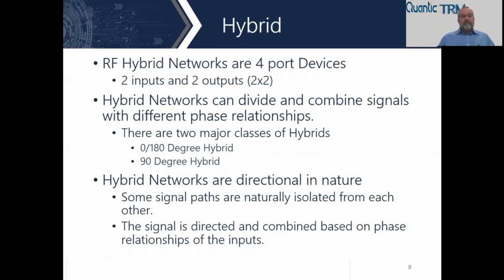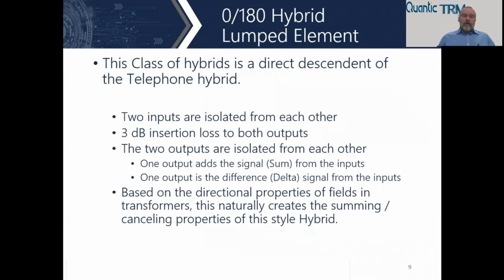Okay. Now, what's the main difference between a 0 to 180-degree hybrid and a 90-degree hybrid? Yes, the big difference really has to do with the phase relationship between them. The 0-180 hybrid has 2 inputs and 2 outputs. They're also isolated from each other. There's an equal power split from any one of the inputs to both outputs.